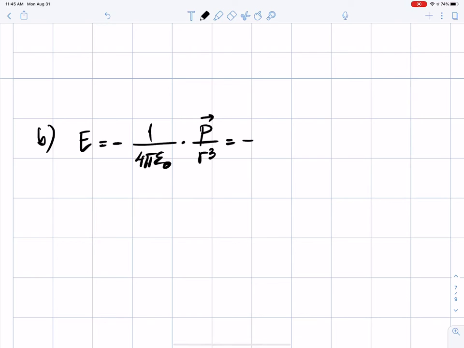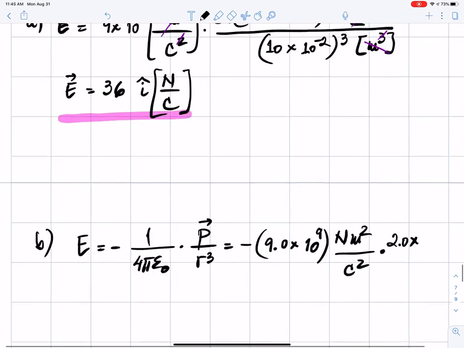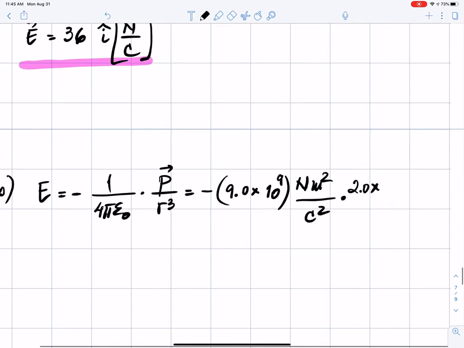Okay, so negative 9 times 10 to the 9th. Put the units there, please. Newton meter squared over Coulomb squared, times, let's see, 2.0 times 10 to the minus 12. This is for Coulomb meter.